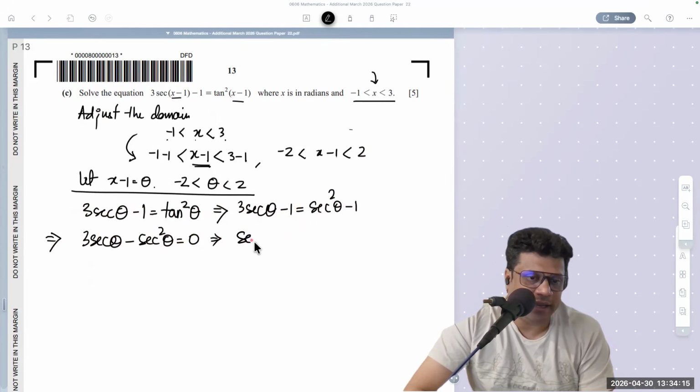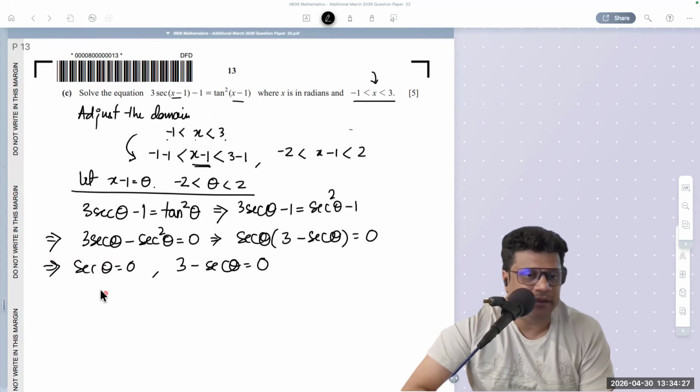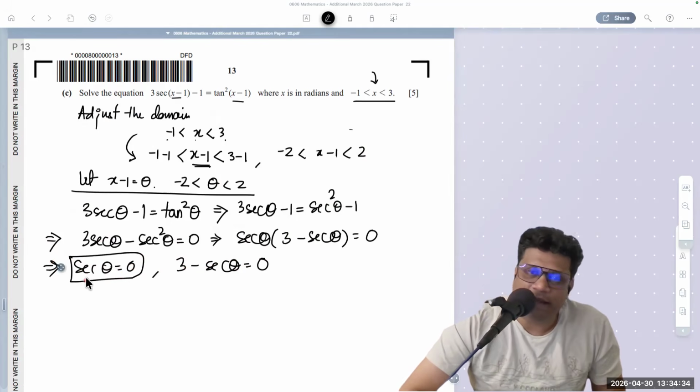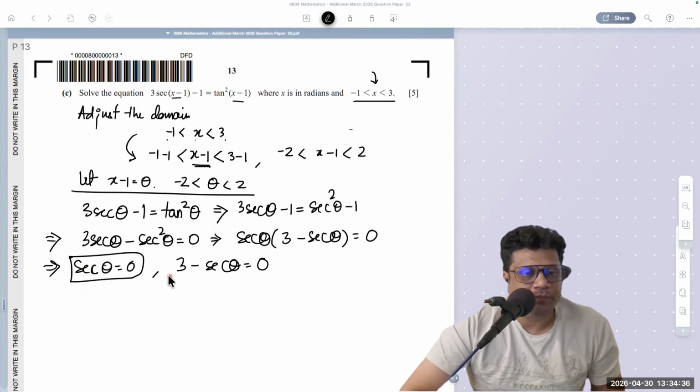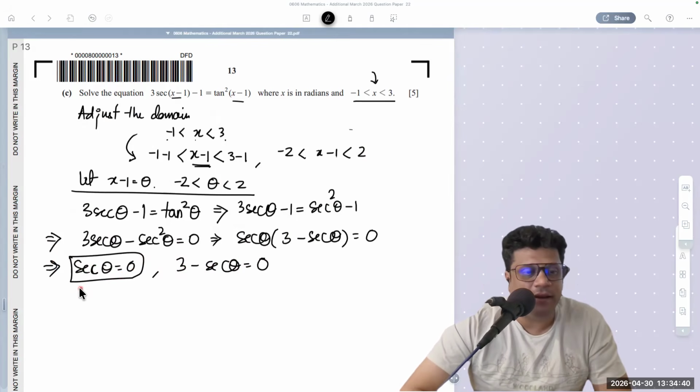I'll take sec theta out common. I get sec theta equals 0, and 3 minus sec theta equals 0. Well, sec theta equals 0, there are no solutions. Sec theta will never be 0.